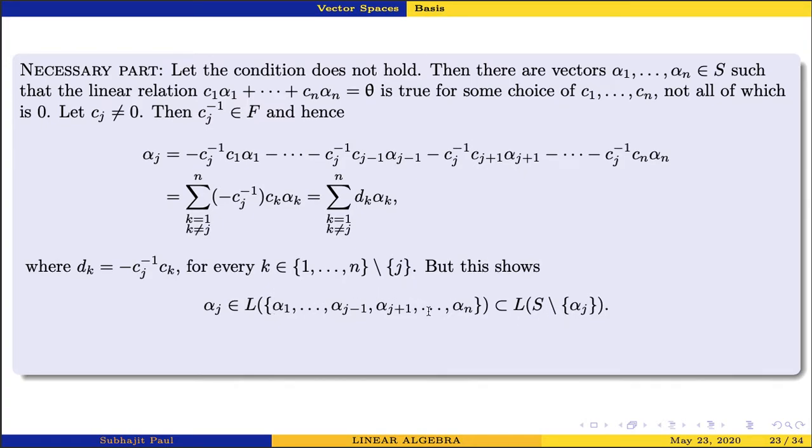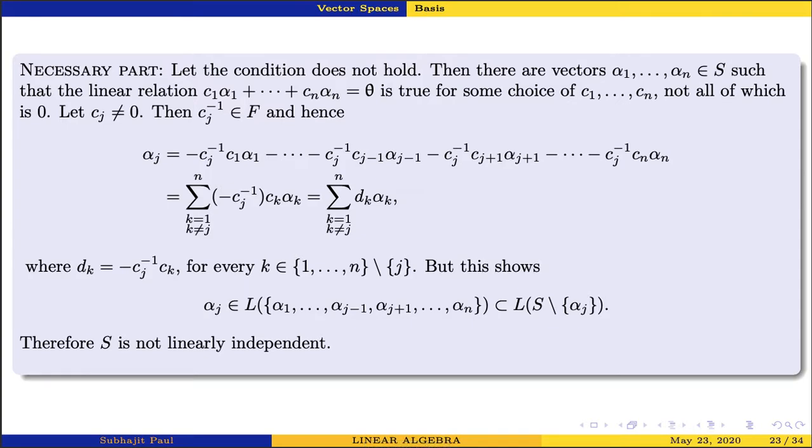Here all these vectors are coming from S, and so this set is a subset of the set S minus alpha j. So by that exercise we recorded there, this relation holds true. This linear span will be a subset of this linear span. So alpha j belongs to the linear span of S minus alpha j.